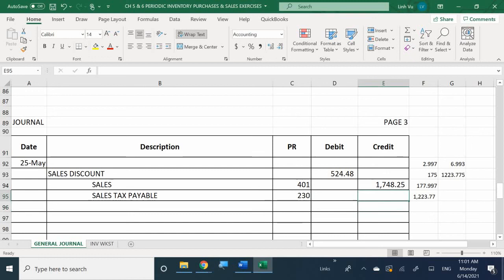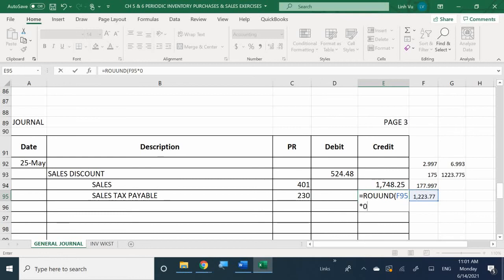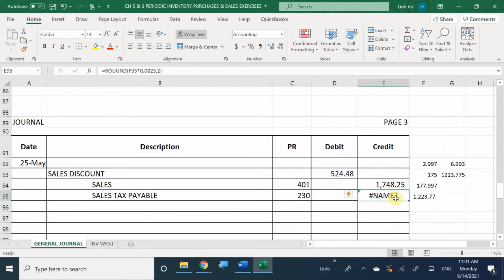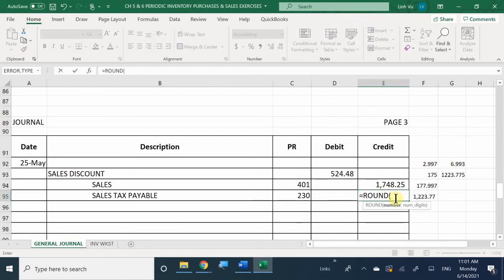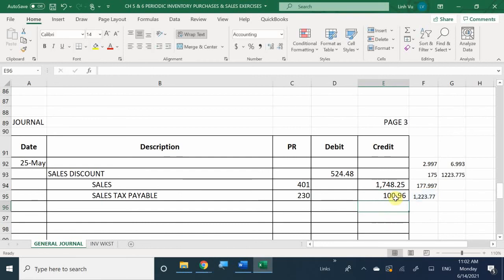All right, so for $1,223.77, right, because it's off the discounted amount. That is correct. You can only charge tax off of your actual total selling price of what you actually sell.